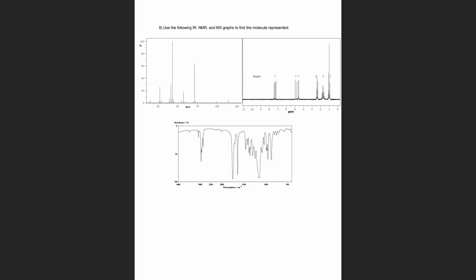Okay, great. There's 71, 57, 43, and 27. So this is just a 57. Yeah, that should be 57. And your molecular ion peak should be around that number. So that should be 114.